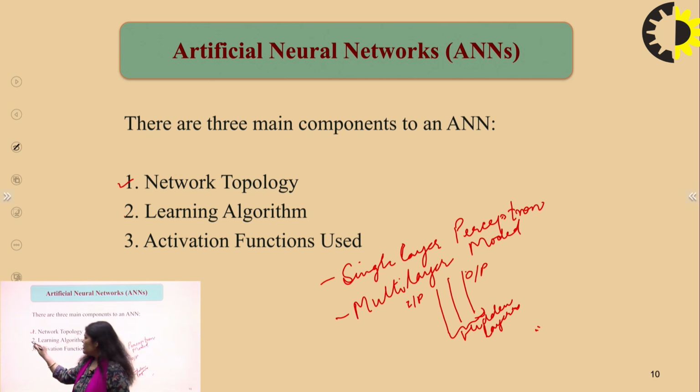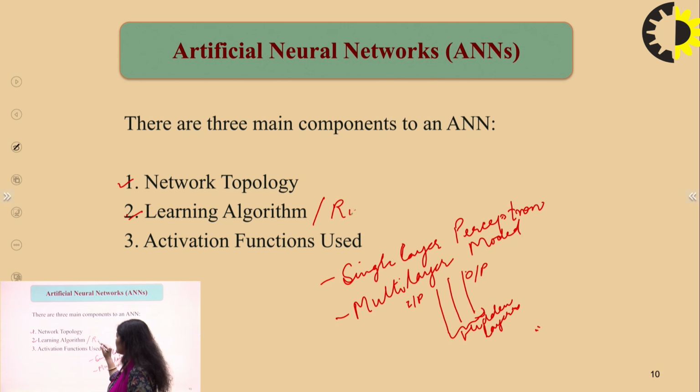The second important factor is the learning algorithm or the learning rule, which is important in solving the problem, that is, which learning rule we need to use inside the network or the model.